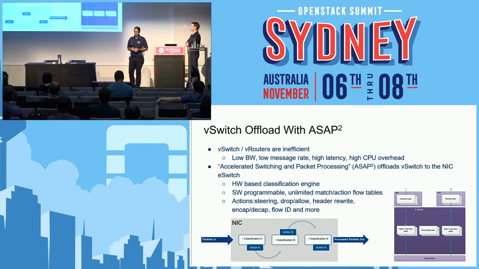We can do encapsulation and decapsulation into overlay networks, be it VXLAN, MPLS, multiple tunneling technologies, and many other things. So basically what we're offloading is this classification and action chaining of the switch.